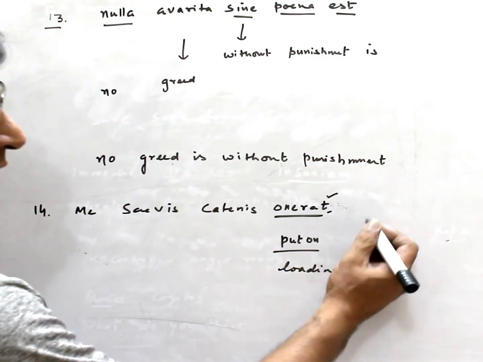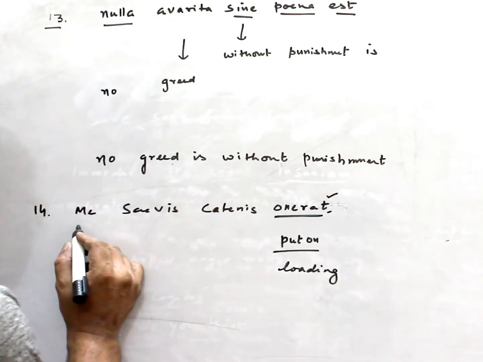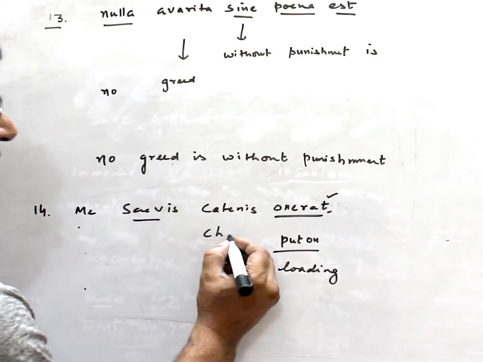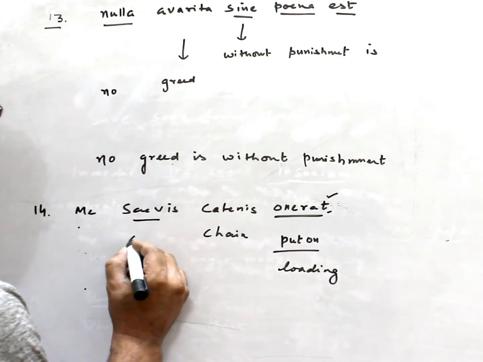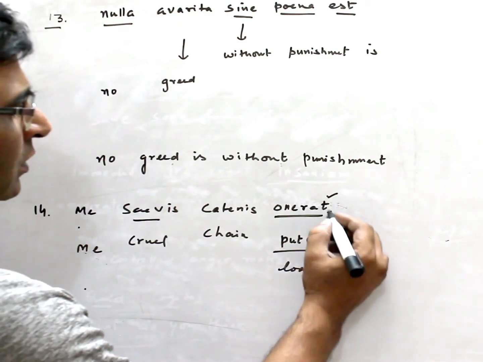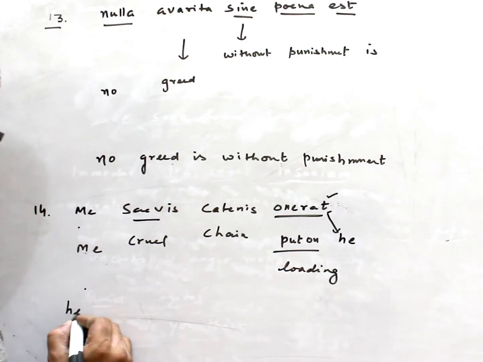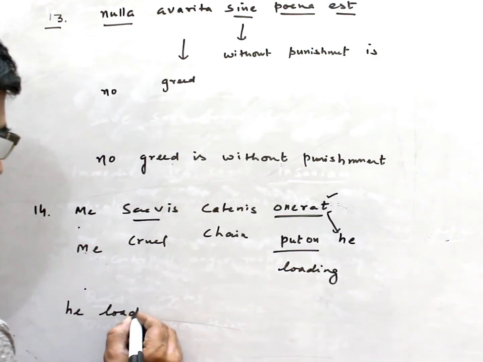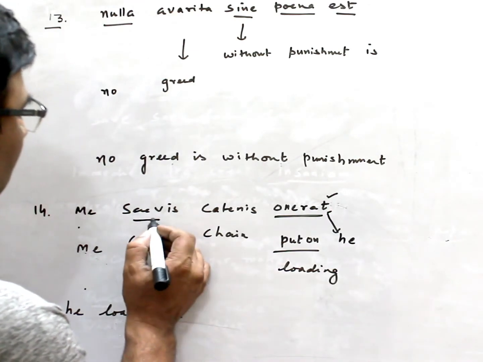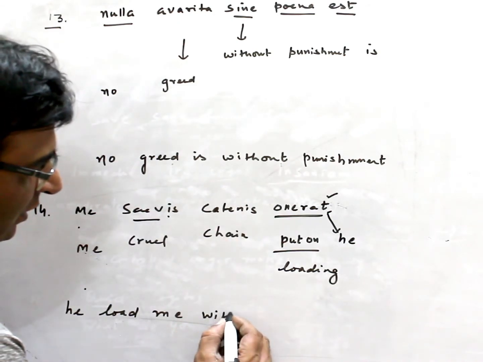T means he. So the meaning is: this is me, saevis means savage or cruel, catenis means chains, and onerat means put on, and because of T, this means he. He loads me.